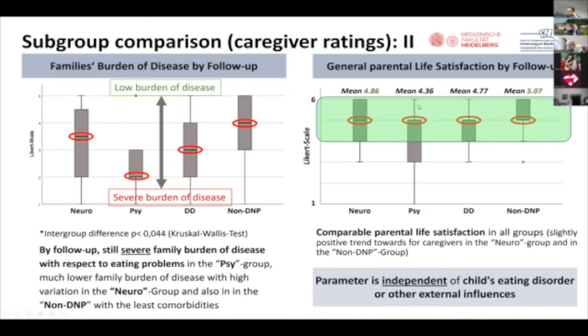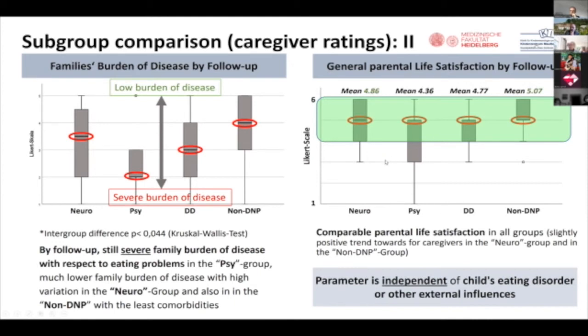And if you now look on the right side, that is something fairly astonishing: all parents experienced fairly good personal life satisfaction. So they were quite happy with their general situation as a family. If you look here, there is a tendency, of course, in the parents who had children with behavior problems.